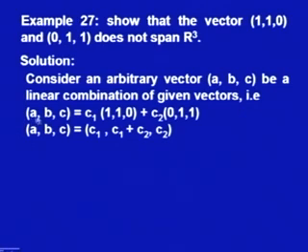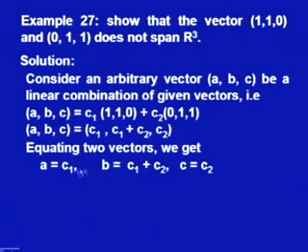So we write (a,b,c) equal to c1 times (1,1,0) plus c2 times (0,1,1). Simplifying, it is (a,b,c) equal to (c1, c1 plus c2, c2). This means a is equal to c1, b is equal to c1 plus c2, and c is equal to c2, and simplifying this we get b is equal to a plus c.